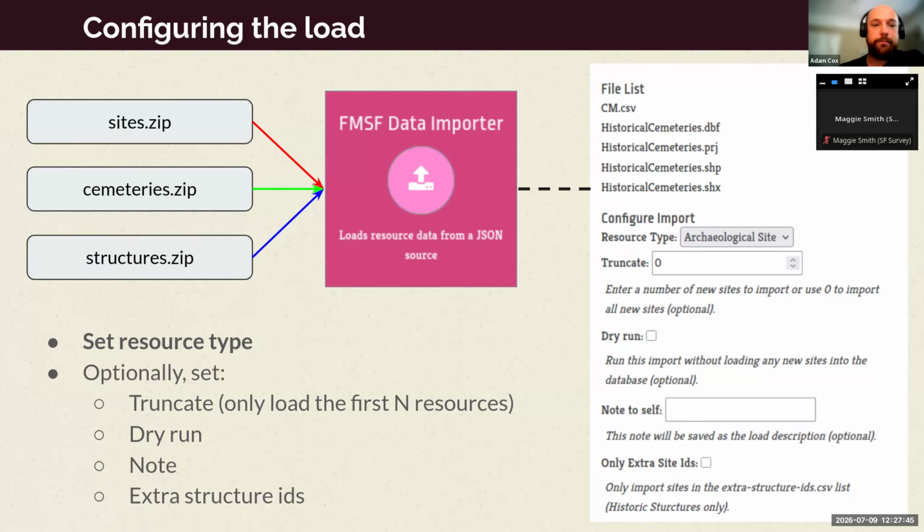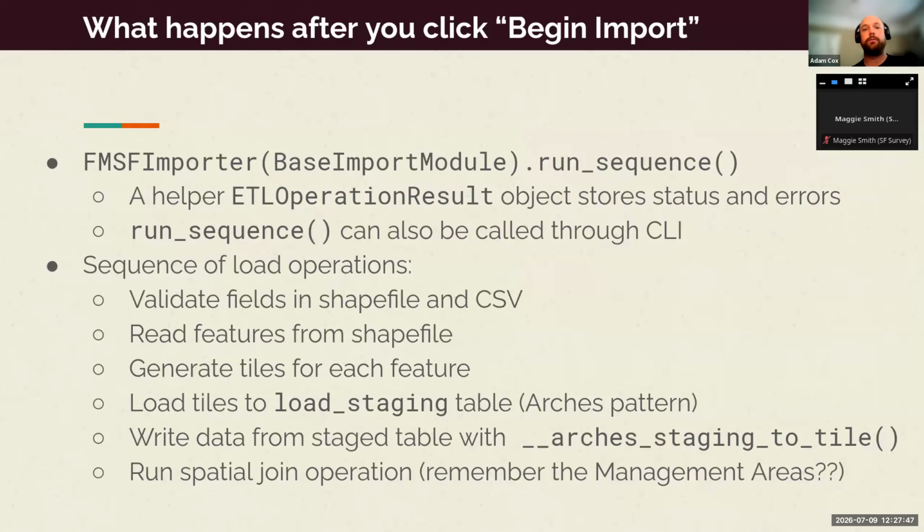And then when you click run, this is what happens behind the scenes, within the base import module structure that Arches provides. There's a run sequence method that I made that wraps up all of these other operations.